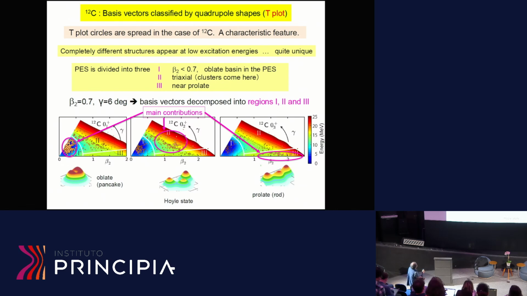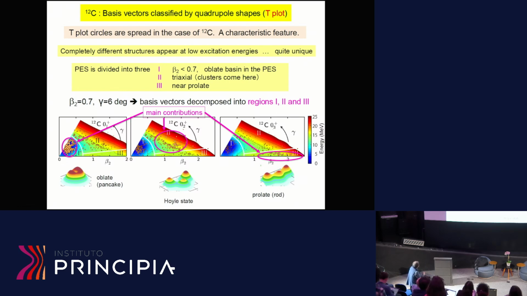So we decided to divide the potential energy surface into 3 regions. Region 1 means beta 2 is smaller than 0.7, so inside this line is region 1. Region 2 is outside this region, but it is also divided into 2 parts. One is the triaxial part like this, and region 3 is this part that is only near prolate shape.